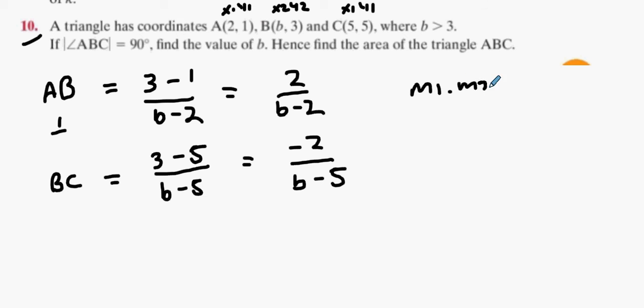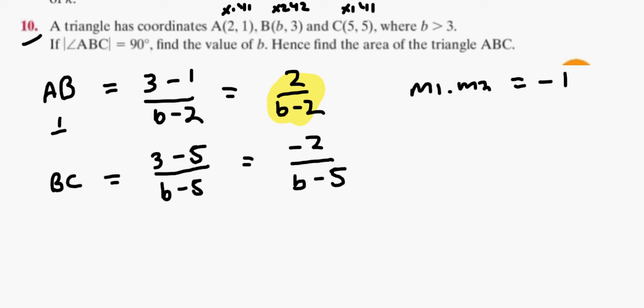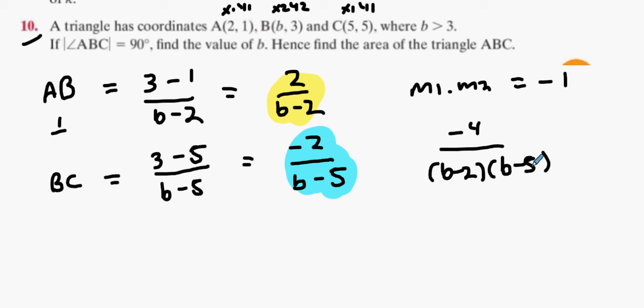What can I say about both slopes? m1 by m2 is minus 1. So then what can we say? Yellow multiplied by blue equals minus 1. So let's multiply them by each other. 2 times minus 2, minus 4, over b minus 2 and b minus 5 equals minus 1.